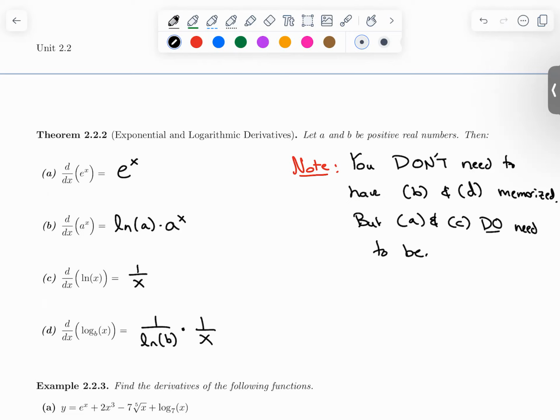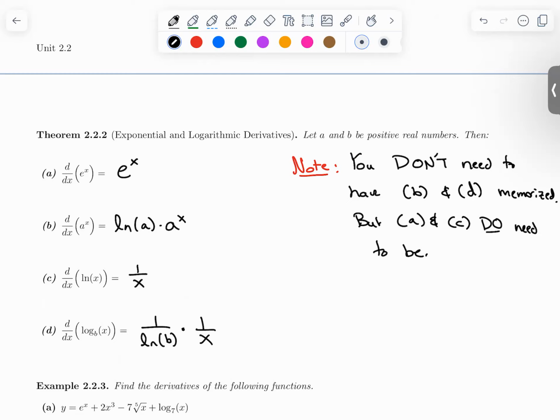A and C are just too common. I need you to have them memorized. The other two, B and D, what frustrates me, I can tell you firsthand, I've never seen in the real world the derivative of a to the x. Never seen it once, or log base b.